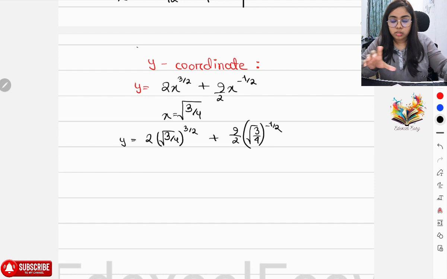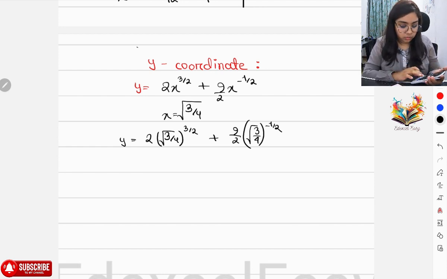If you just do this on a calculator, 2 times root of 3 by 4 to the power of 3 by 2, and then plus 9 by 2 with the power of negative half, you're going to end up with 5.67 something. Let me check again.